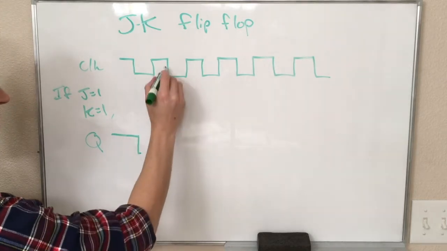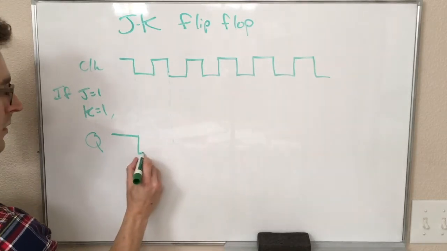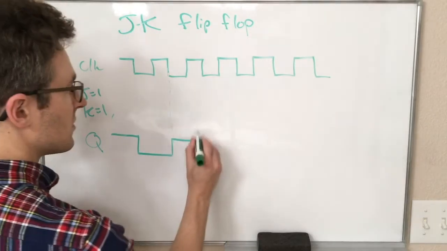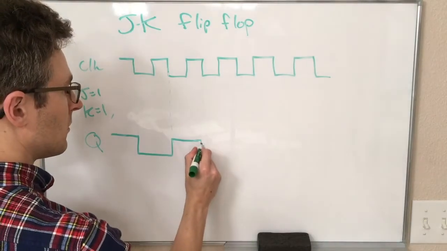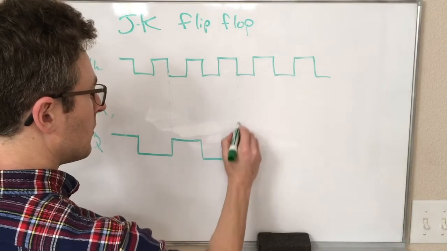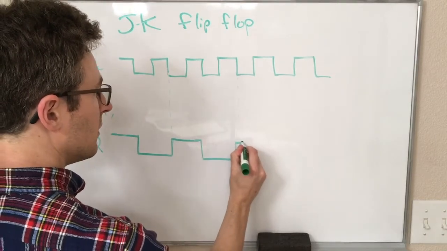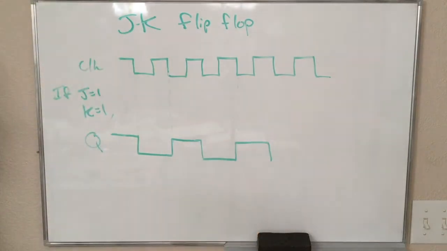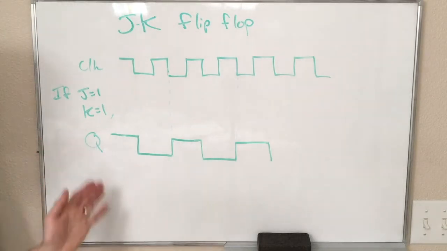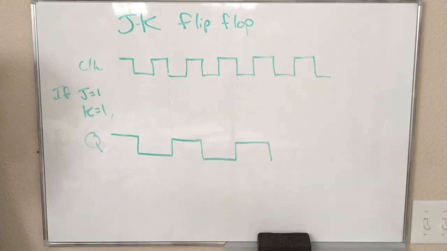And it stays there until there's another one of these falling clock pulses. So as the clock is ticking, it is causing the output to flip between these two on and off states, flip-flop between these two states.